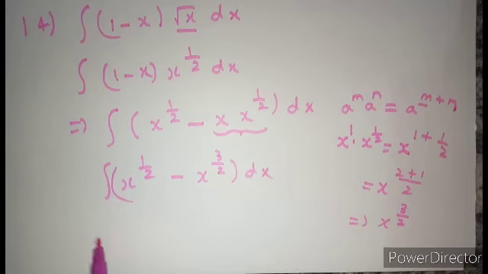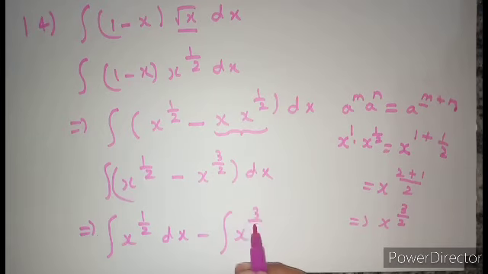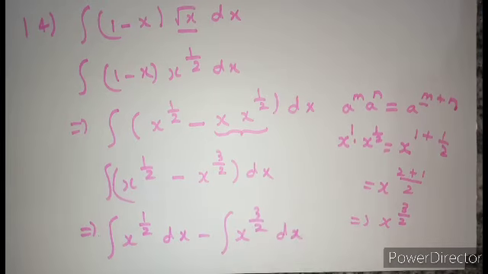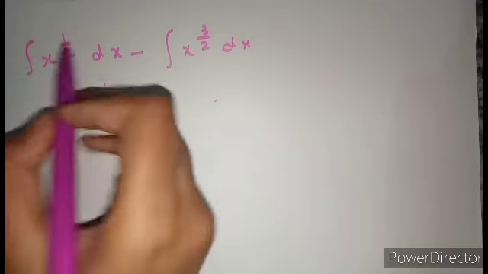Now split this integral: x to the power of 1 by 2 dx minus integral of x to the power of 3 by 2 dx. This is the formula for integral. The formula for this function is integral of x power n dx is equal to x to the power of n plus 1 upon n plus 1, right? What I have told, just try to add 1 to the power of this function.